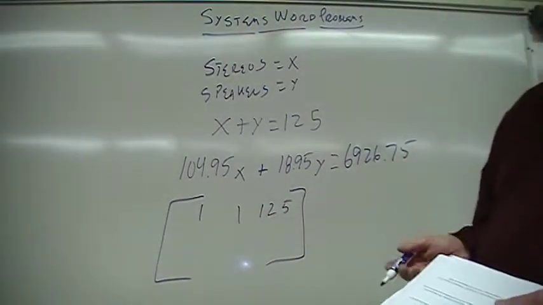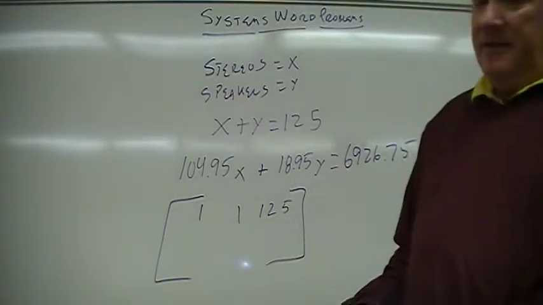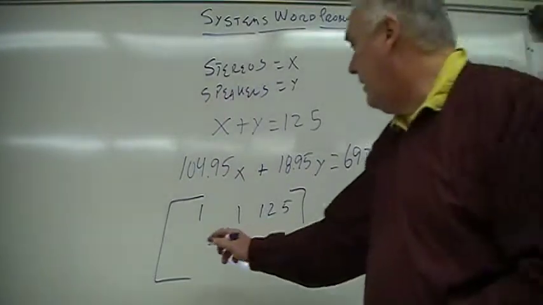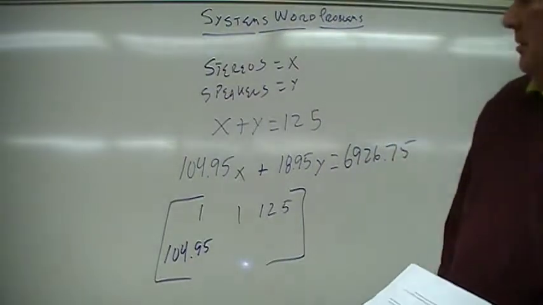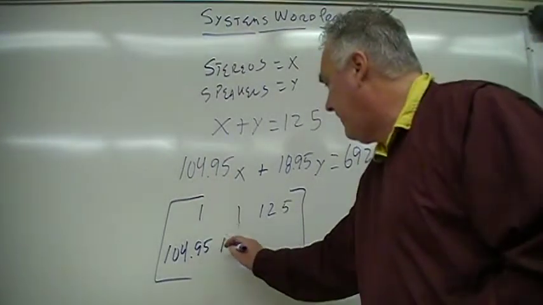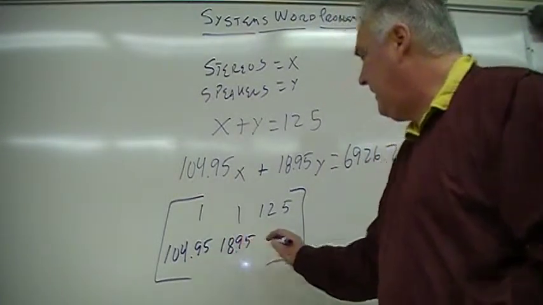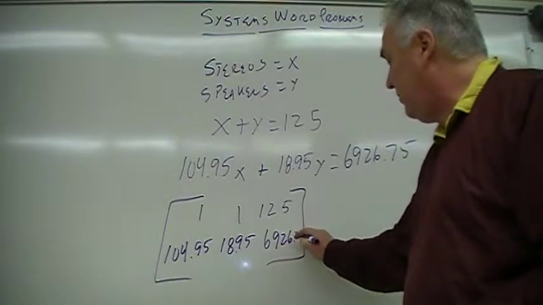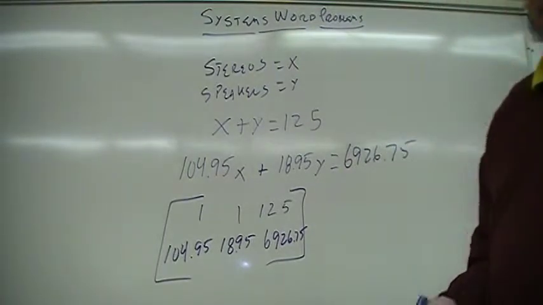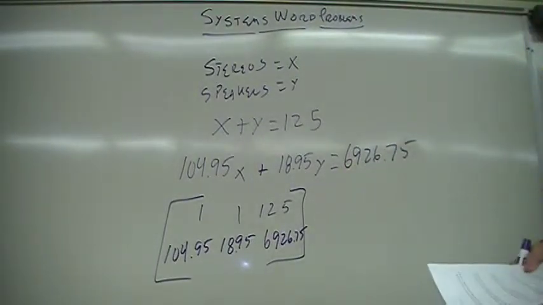That's going to be the first row of our matrix. Even though we got decimals, don't worry about it: 104.95, 18.95, 6926.75. So that'll be what you put in your 2x3 matrix.